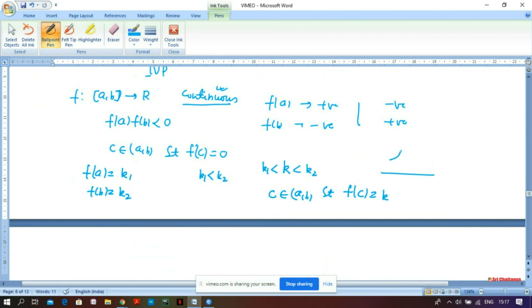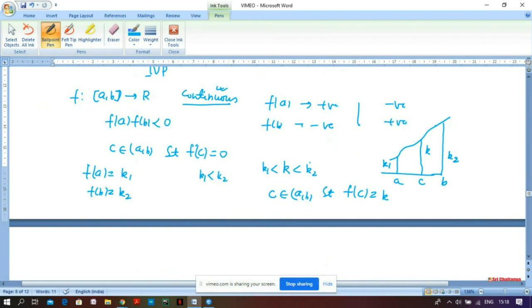Graphically it says that if a continuous function has achieved a height k1 and a height k2, then height k will also be achieved somewhere, say at c. So I will write here a and b, and this is k1, this is k2. Once you have attained two heights or two depths, then you must attain every height in between if the function is continuous.